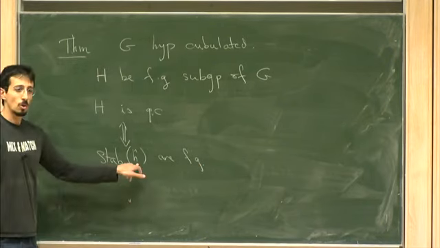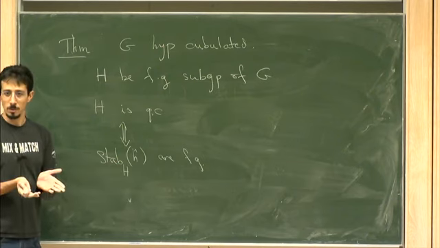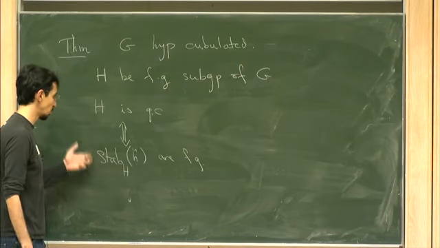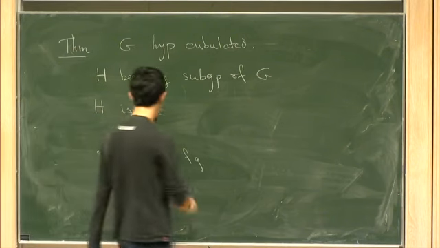What I want is not only hyperplanes but also intersections of hyperplanes, and you can do the same argument to show that if it's quasi-convex, then they're going to be finitely generated.